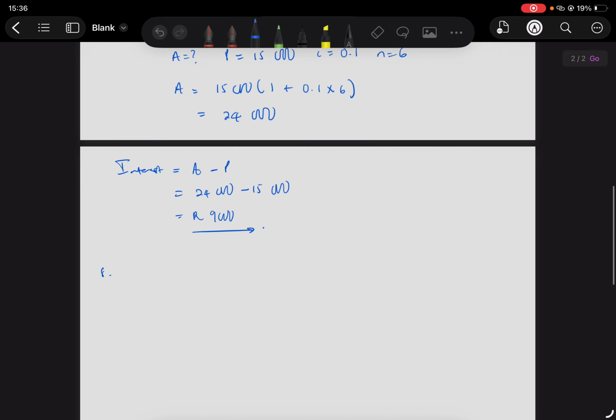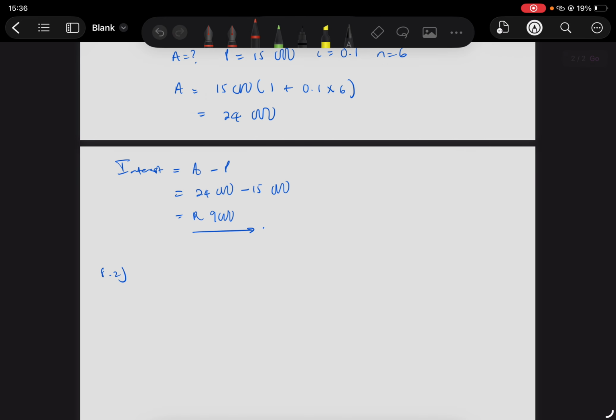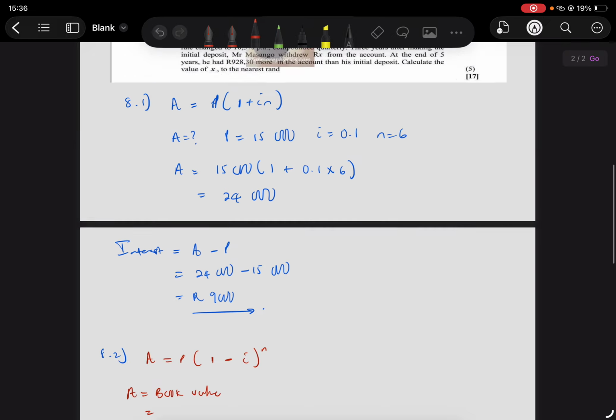So for 8.2, we know that we're calculating depreciation on a reducing balance scale. So A equals P into 1 minus i to the power of n. When it depreciates, we're using the minus instead of the addition, where A is the same as what we call the book value, the depreciated value of the car.